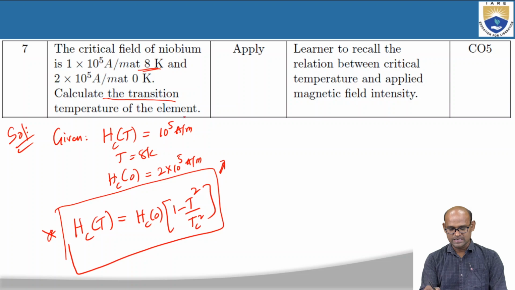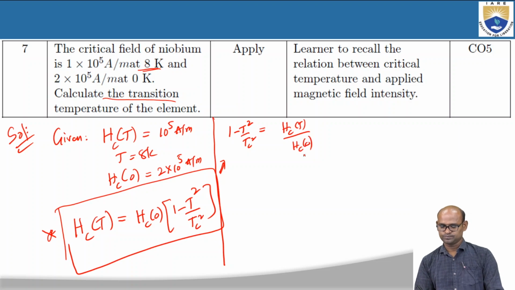We need to calculate Tc. So 1 minus T square by Tc square is equal to Hc of T divided by Hc of 0.